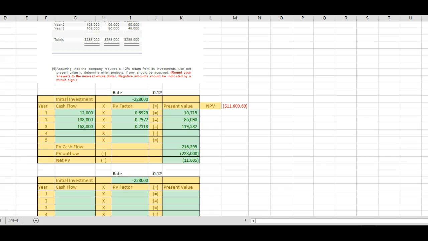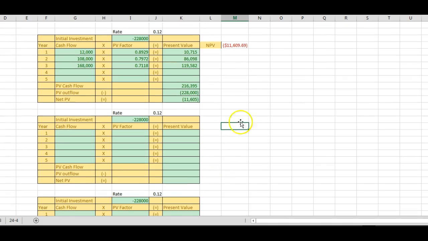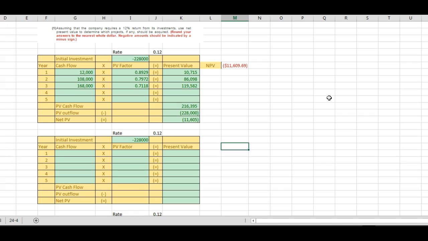So you kind of get a good idea of how to do net present values. First one is going to be a negative. Second one is also going to be a negative. And I don't know what your third one's going to be. So I'll let you set those up and you come up with the answers, okay?